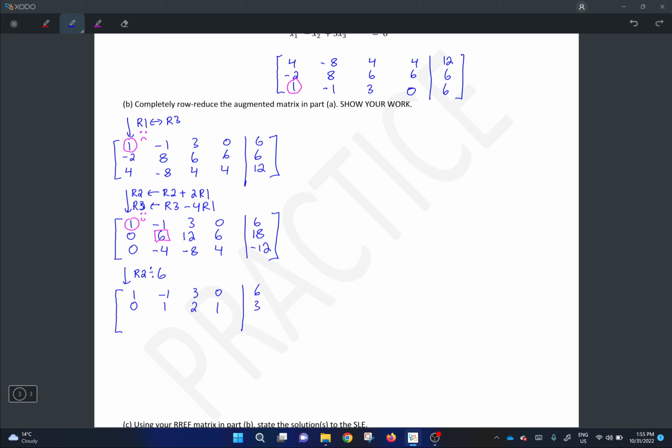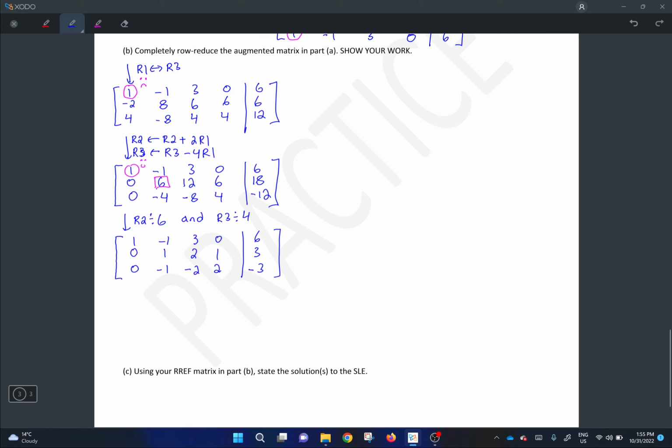And we might as well at the same time take row 3 and just divide it by positive 4. So we'll have 0, minus 1, minus 2, 2, and minus 3. Okay, next.